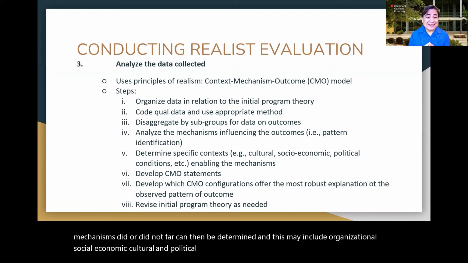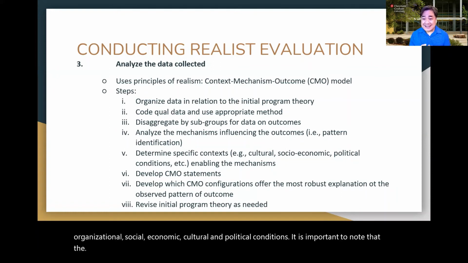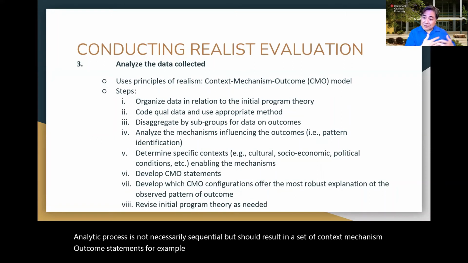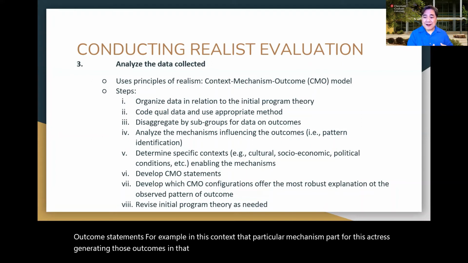It is important to note that the analytic process is not necessarily sequential, but should result in a set of context, mechanism, outcome statements. For example, in this context, that particular mechanism fired for these actors, generating those outcomes. In that context, this mechanism fired, generating these different outcomes.